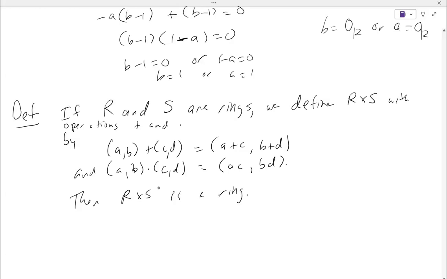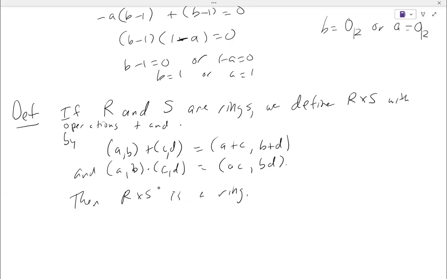I guess technically this is a theorem more than a definition. The definition is how we define the addition and the multiplication. The theorem is that it really is a ring. But it's not too hard to see why it has to be a ring, right?